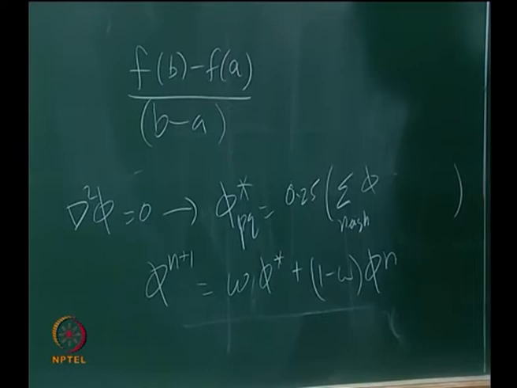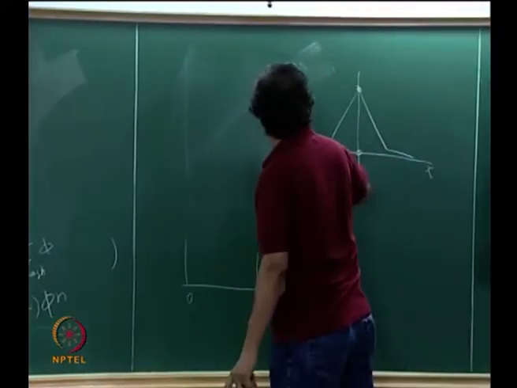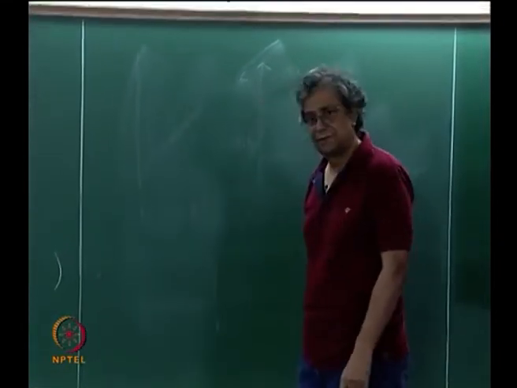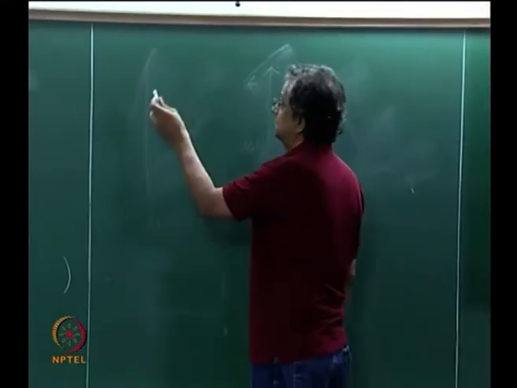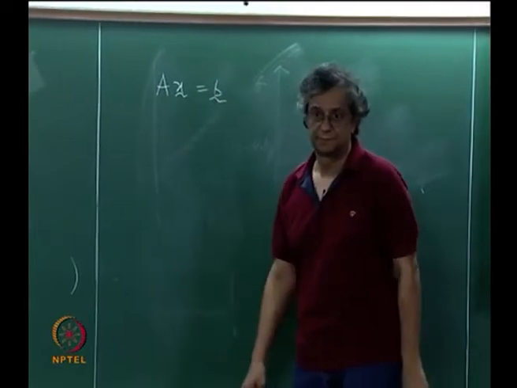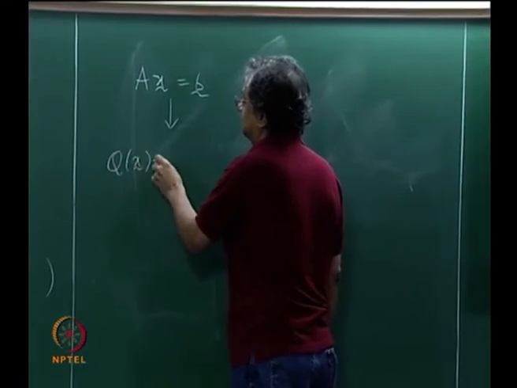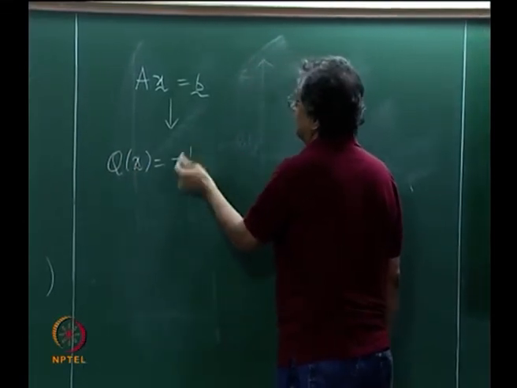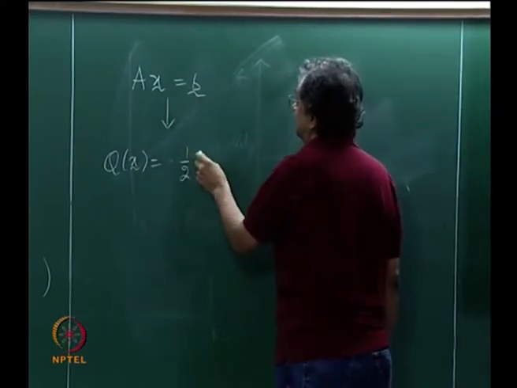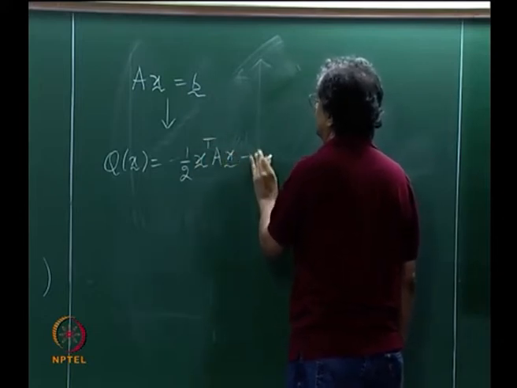Is that fine? We also showed that solving this was the same as solving a system of equations. So we showed that it was the same as solving x tilde equals b tilde, which was the same as minimizing a functional Q of x tilde equals 1/2 x tilde transpose A x tilde minus x transpose B, it depends which way you want to take it.